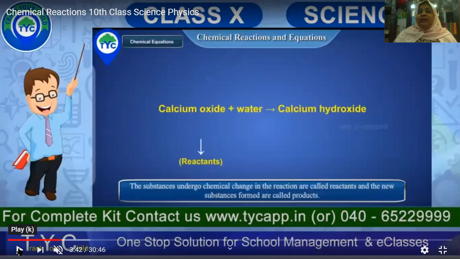If you learn these chemical equations very well, there are chances of you scoring 100% marks. It's simple like your maths. You do a problem and get 100% marks. You don't have to write pages together like you were writing for the modern periodic table, Mendeleev's periodic table and its limitations.